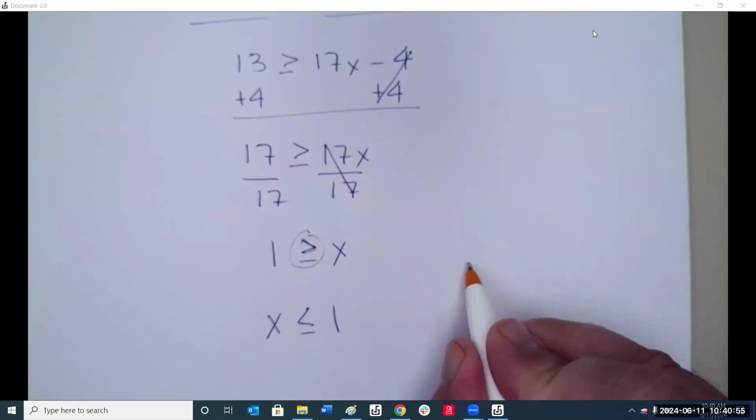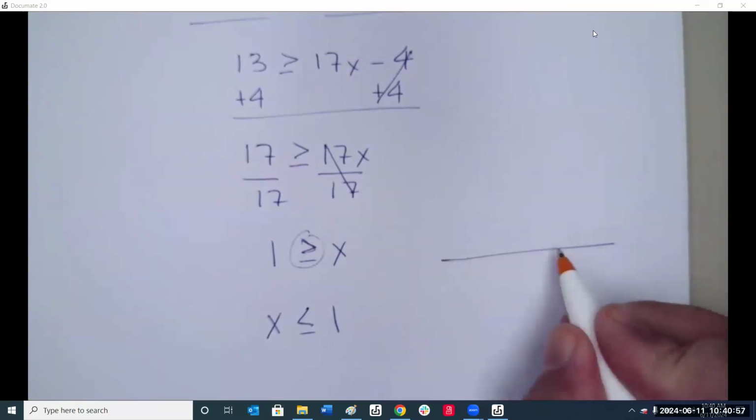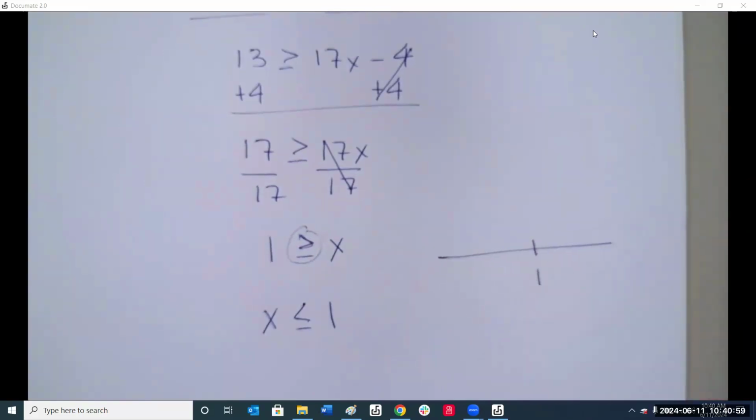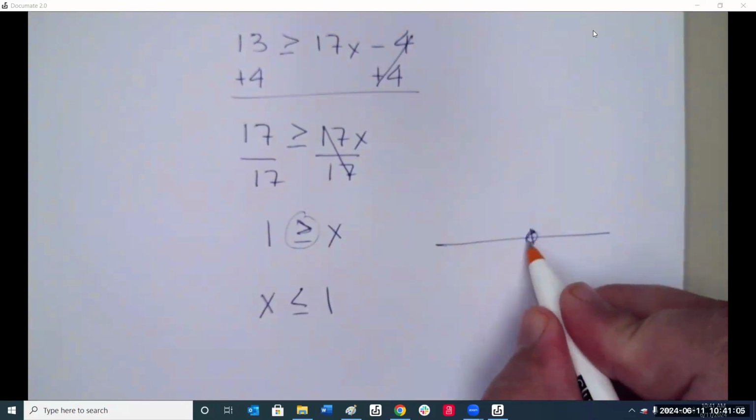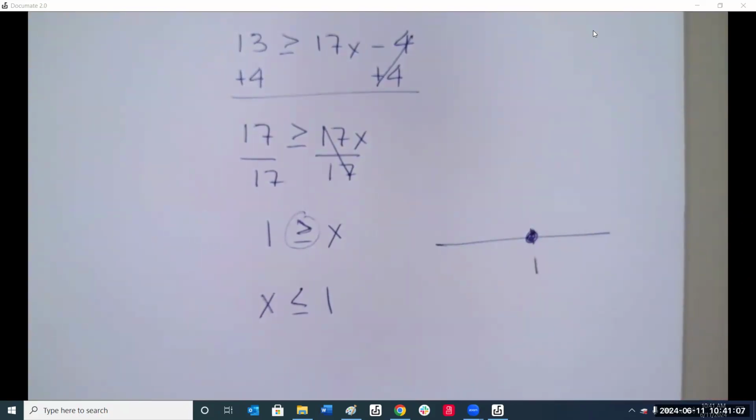So the graph of this one, I have 1. Is it an open or closed circle? It's closed because it's equal to, and it's shaded in which direction, left or right? Look at the direction it's pointing.